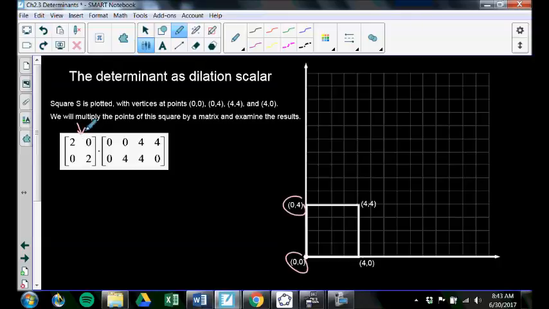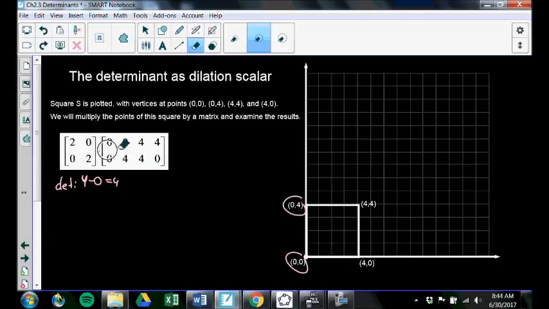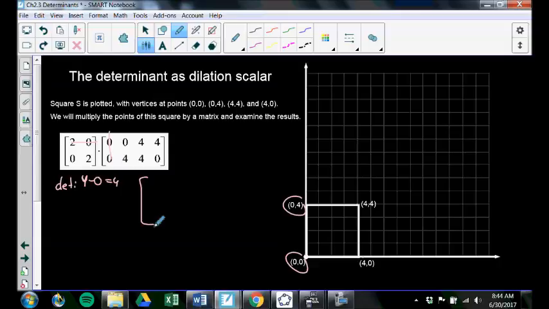This matrix here. You'll notice the determinant of this matrix is 4. You do 4 minus 0, which equals 4. Well, let me do the multiplication and look at the new matrix. Row, column is just going to be 0. Row, column, 0.